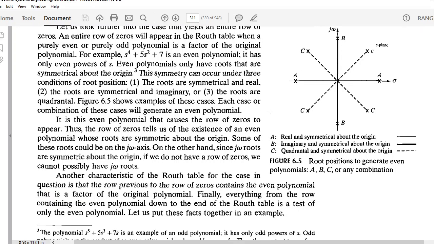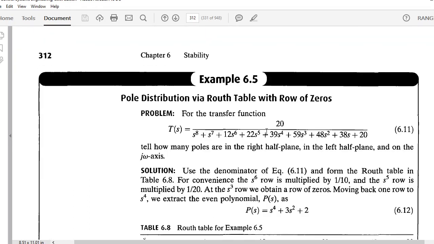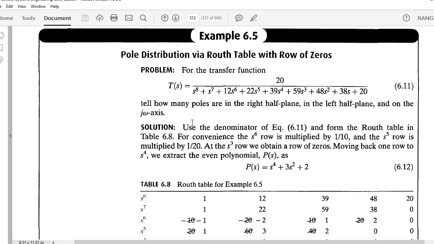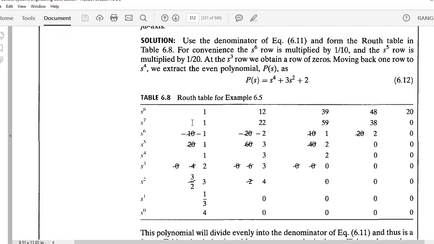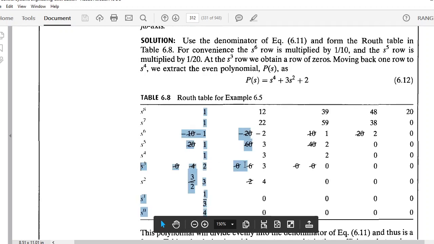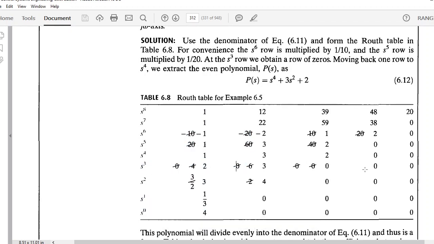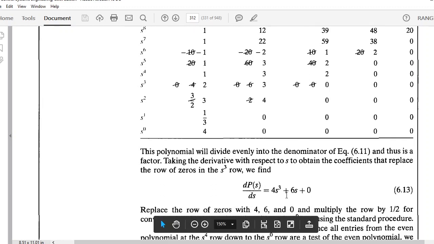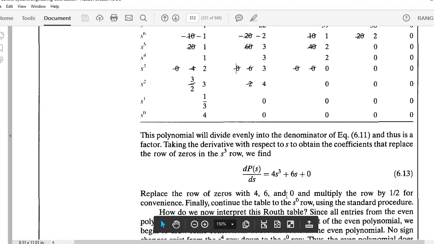So to explain this further, let's look at this next example that they're given here. It's a quite long example, but anyway, when we start solving it, you'll see that the s cubed row here is the one that is giving you the row of zeros. So what they've done is they've taken the s raised to 4 row, and they have differentiated it, and they've got the differentiated row.